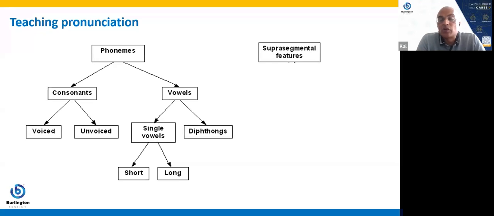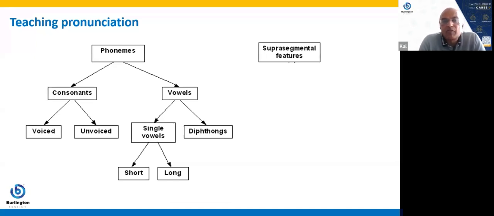But in the chat box, can anybody tell me what I mean by this phrase? I put suprasegmental features. What do you understand by the word suprasegmental features, and what is it to do with pronunciation? Okay, Isungari, you say sounds. A little bit more than sounds.